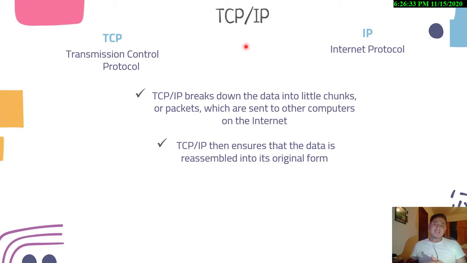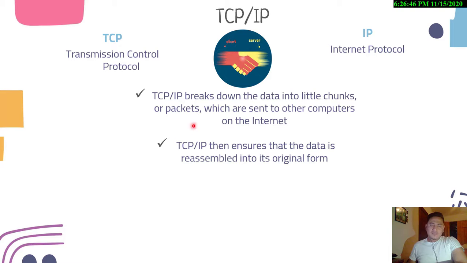So we're going to look at TCP and IP. TCP stands for Transmission Control Protocol, while IP stands for Internet Protocol. These two combined break down the data that is being transferred from one computer to another into little chunks or packets, which are sent to other computers on the internet.